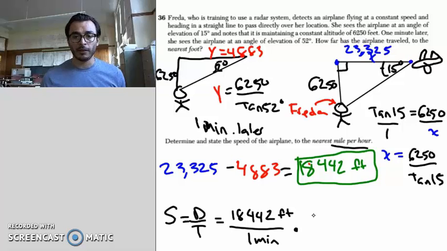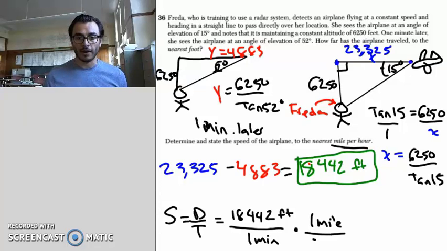So if I multiply this by 1, in case you didn't know this, you can find it in the back of your test. They tell you that 1 mile is equivalent to 5,280 feet. When I multiply by this, you'll see that the feet cancel and I'm left with miles per minute.